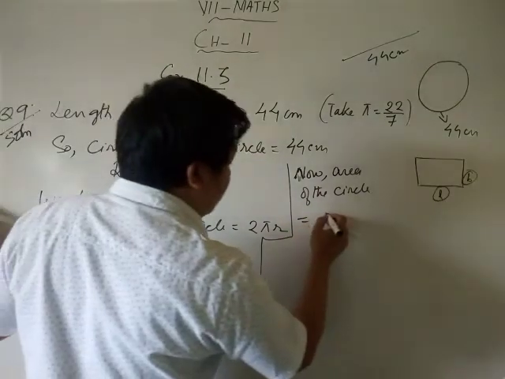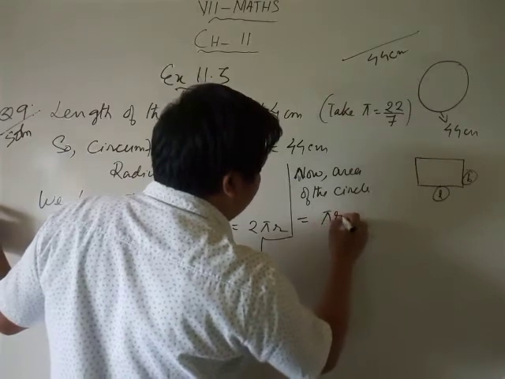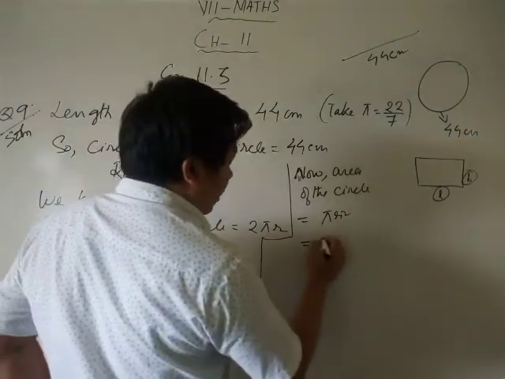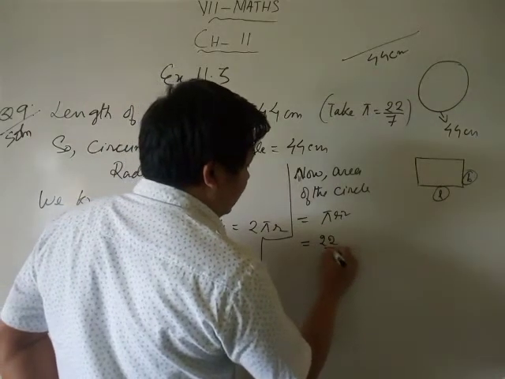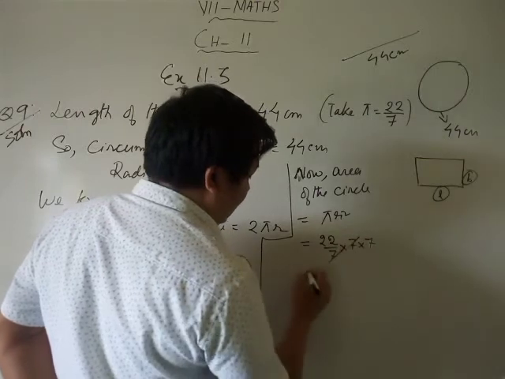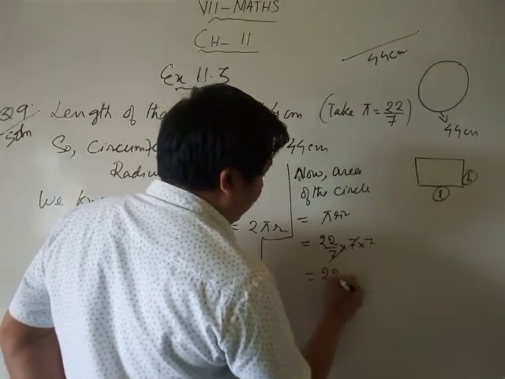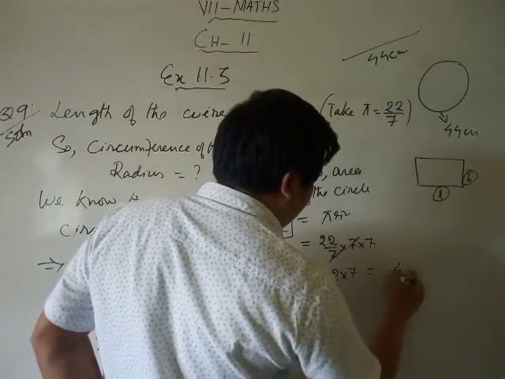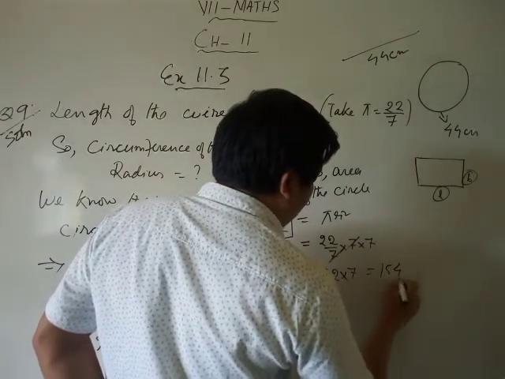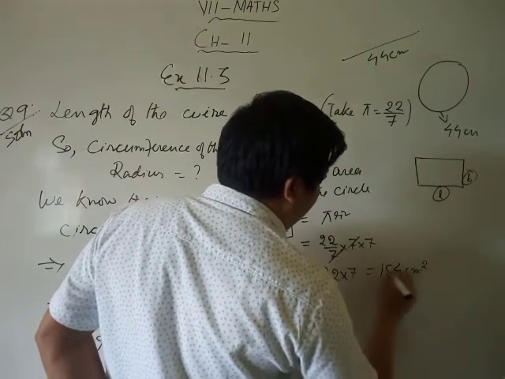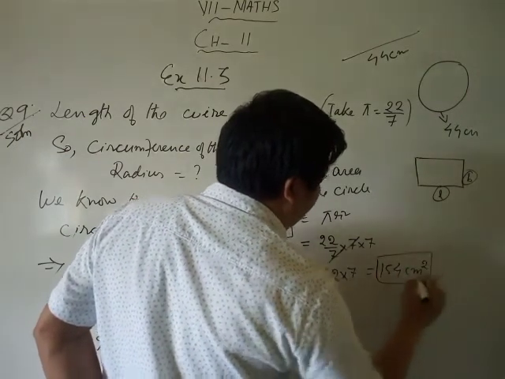Area of the circle is pi r square, isn't it? That means 22 by 7 into 7 into 7. These two will cancel. And we are looking at 22 into 7. So 7 2s are 14, 154 centimeter square is the area of the circle.